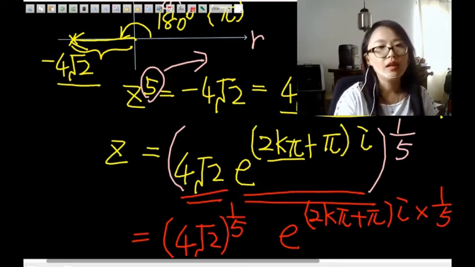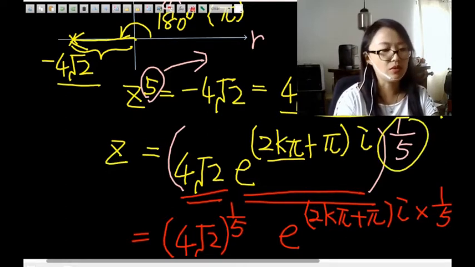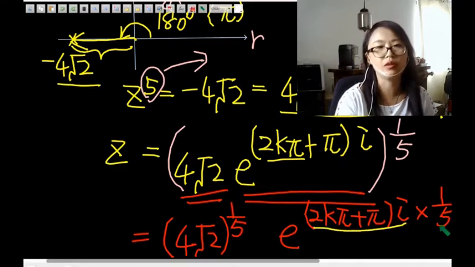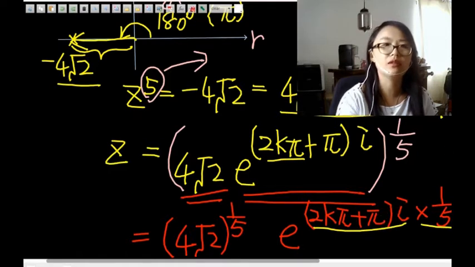So you see, 1 over 5 on 4 root 2 gives you 1 over 5 as an exponent. But if you are distributing 1 over 5 to e to the power of this, it becomes a multiplication, because this part is already an exponent. So we're simply multiplying that into the exponent of e.